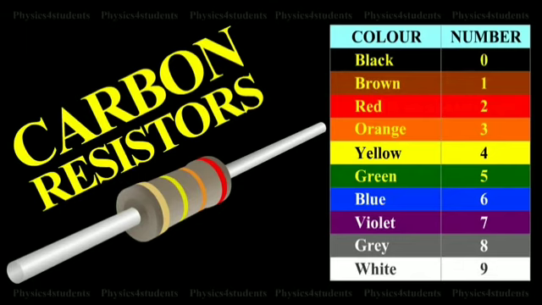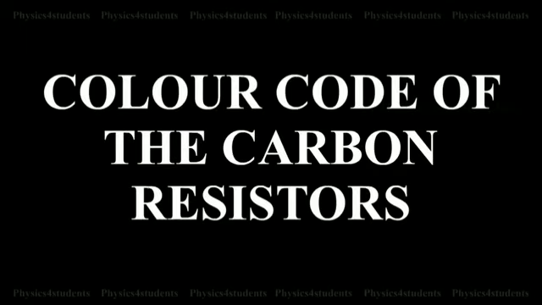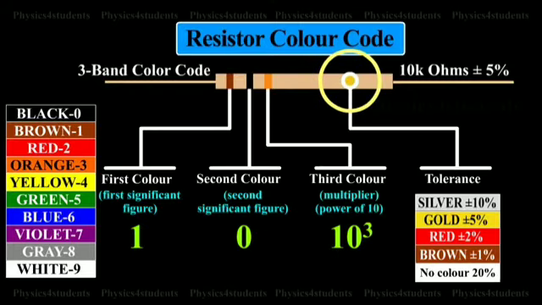Black, brown, red, orange, yellow, like these colors are given. The color code of the carbon resistors: three color rings are used to indicate the value of the resistor. The first two rings are significant figures of the resistance. The third ring indicates the decimal multiplier after them. First digit, second digit, decimal multiplier, tolerance metallic band, so four are given.